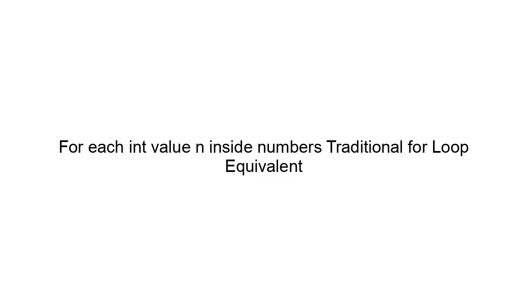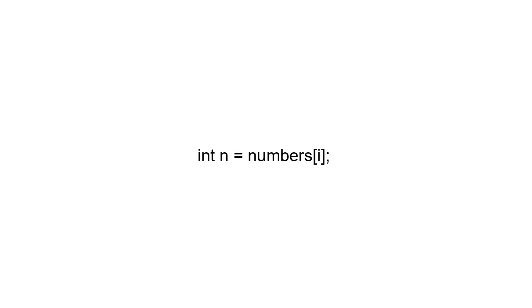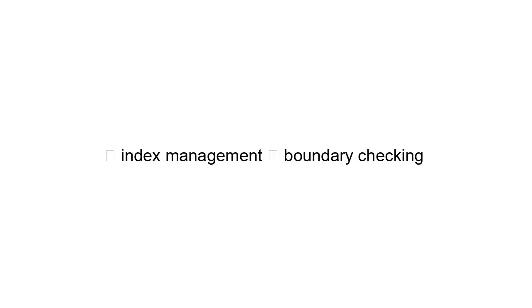Traditional for loop equivalent: the previous example is equivalent to for (int i = 0; i < numbers.length; i++) { int n = numbers[i]; System.out.println(n); } The for each loop hides index management and boundary checking, making code cleaner.